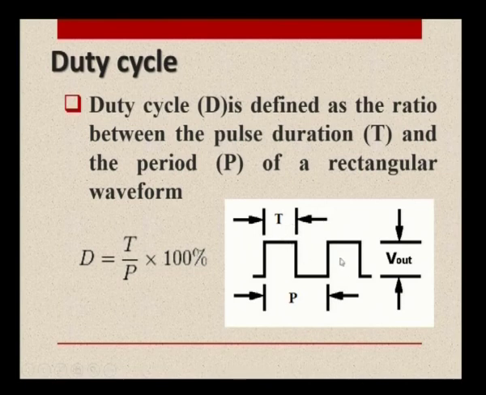So, definitely when we have a look at this diagram, t will always be less than p. So, this t divided by p is a fraction which is less than 1. When it is multiplied with 100, we will get the duty cycle in percentage. If the waveform stays in the higher level throughout, then t will be equal to p.